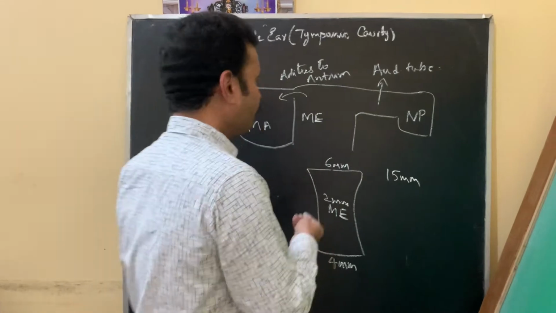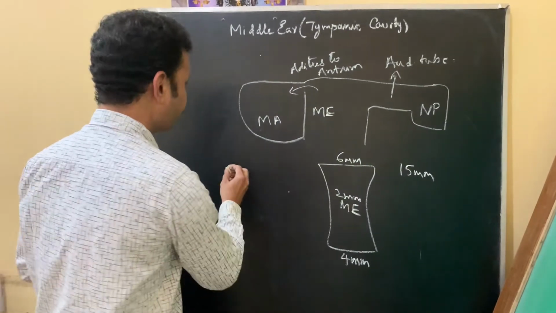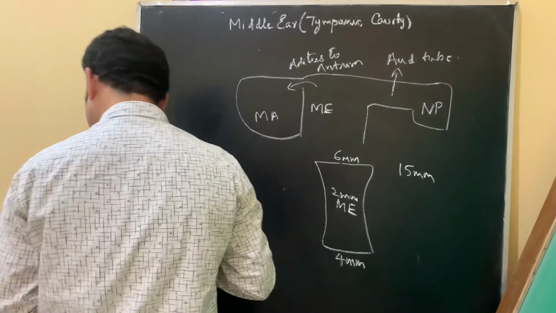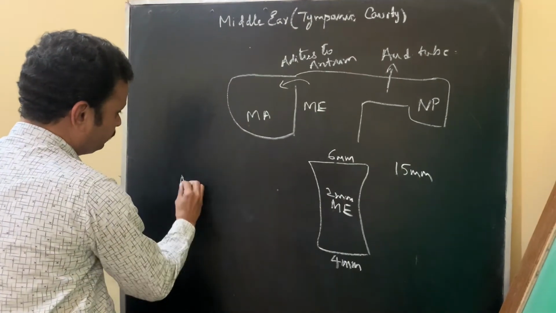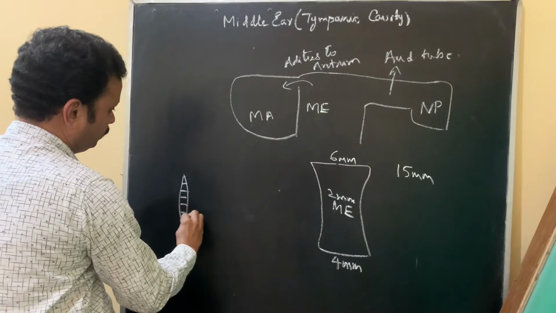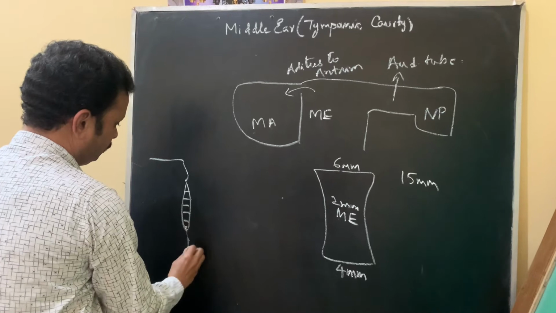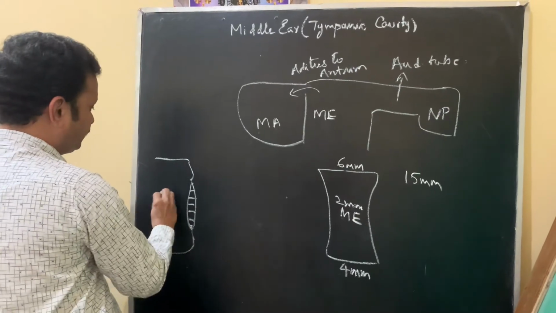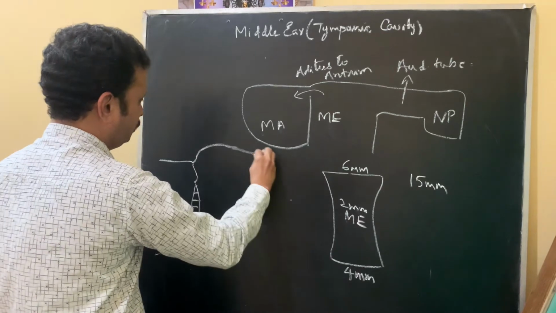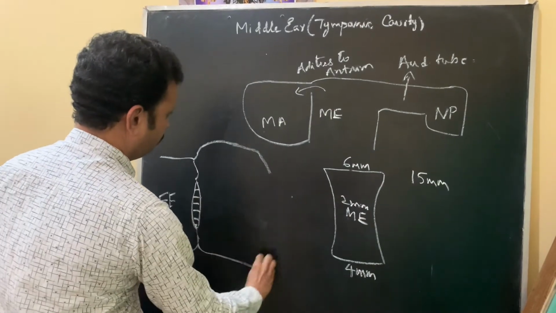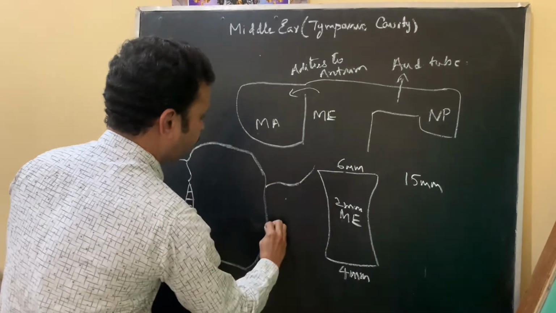Next, let us go to the subdivisions of the middle ear. If you see the subdivisions of middle ear, this is the tympanic membrane, and this one is the external ear. And this is the middle ear and internal ear.